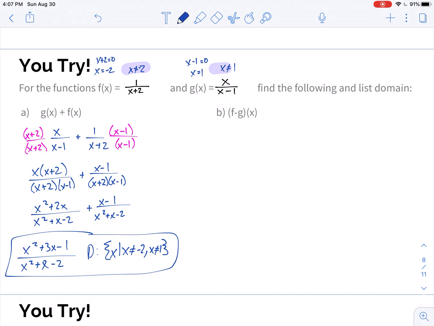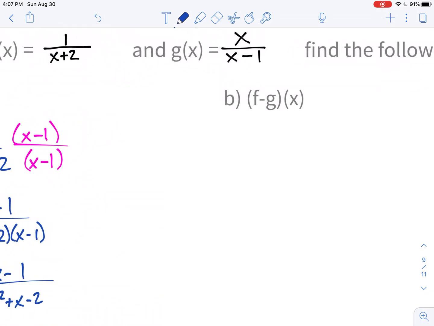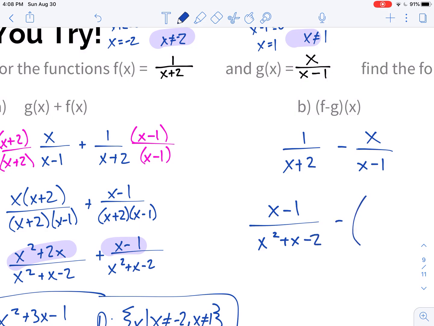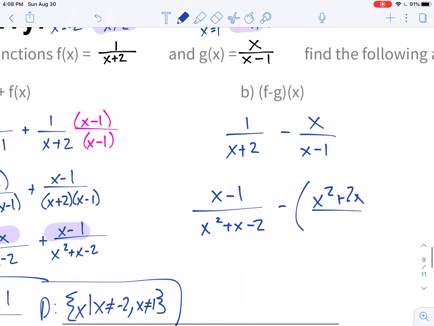F minus g of x, again, it's the same thing. So I've got 1 over x plus 2 minus x over x minus 1. This case is a little bit easier because I've already figured out what my common denominators are and what they look like with those common denominators. So now I've got x minus 1 over x squared plus x minus 2 minus x squared plus 2x over x squared plus x minus 2.